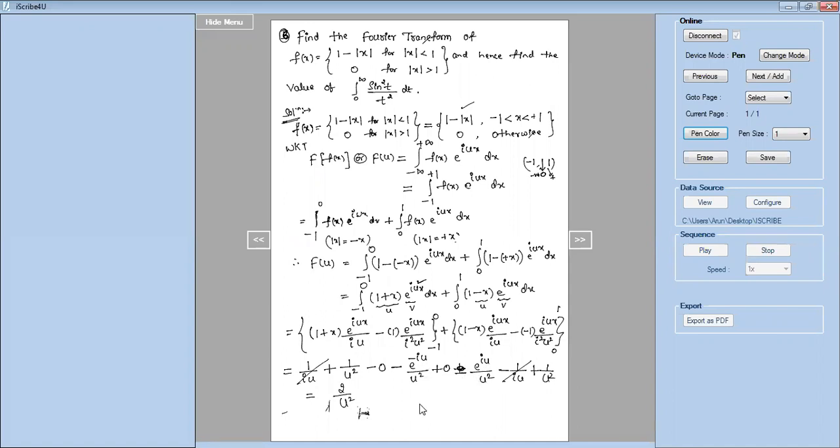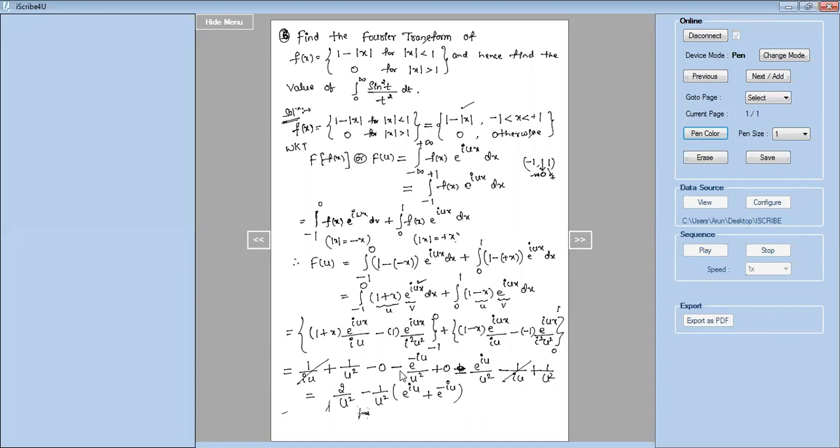See, minus 1 by u square is common. So if I take common, what happens? This becomes e power iu, and this becomes plus e power minus iu.